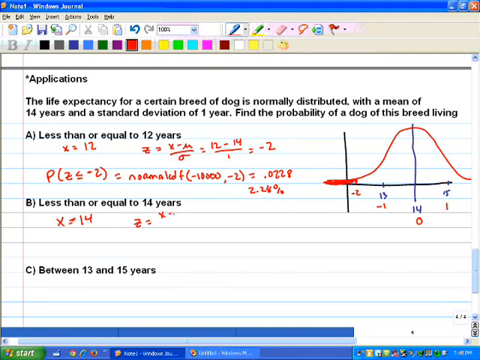So when we do x minus mu divided by the standard deviation, we get 14 minus 14 divided by 1, which is 0 divided by 1, or 0. Because the area under the curve to the left of the mean is half of the curve, then this probability should be 1/2. So let's do the normal CDF.